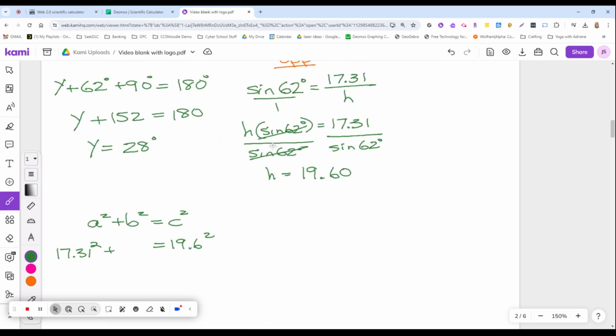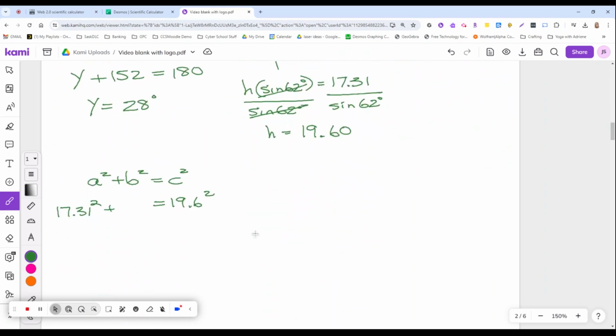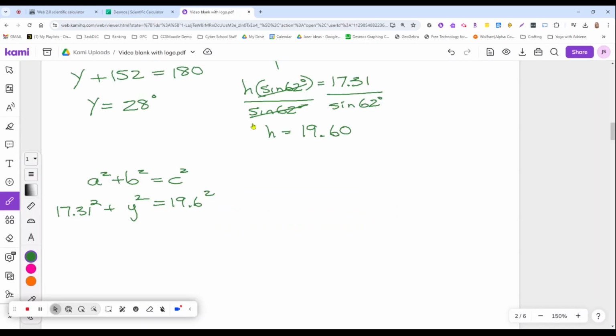And the side that we're looking for that we don't know yet is this side Y. So I'm going to put a Y in here. And we could solve it this way. I could go ahead and find 19.6 squared, which is 384.16.